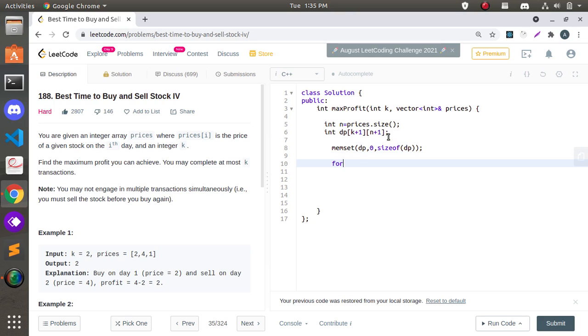Fine. Now we will write the transactions. We do it just like a normal dynamic programming problem. We start from one transaction and go up to the k transactions. Then we start from the position from where we can do it, so we start from j equal to 1.